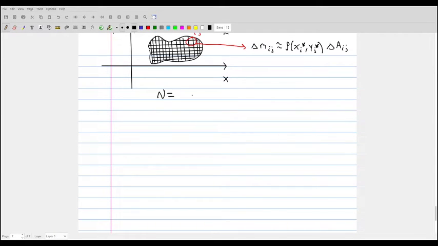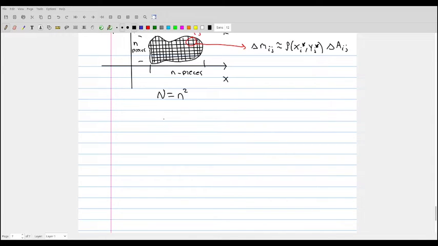So our number of finite masses will be n squared if we have n cuts along x in our partition, so n pieces along x, and then n cuts along y as well, so that the total number of pieces is going to be n squared, and we can directly approximate the center of mass.